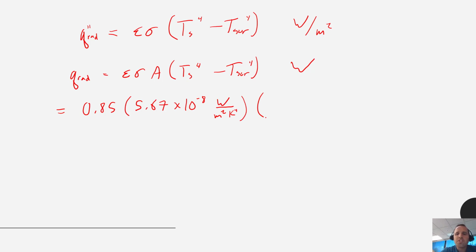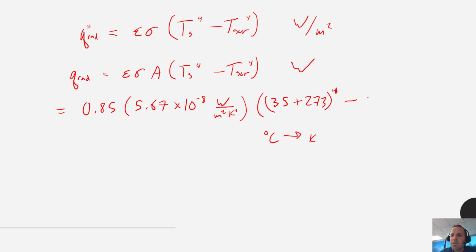Now my roof temperature is 35, but if you recall, that is 35 degrees C. So we need to add 273 to convert from degrees C to Kelvin. We need to convert to absolute temperature before taking this to the fourth power.